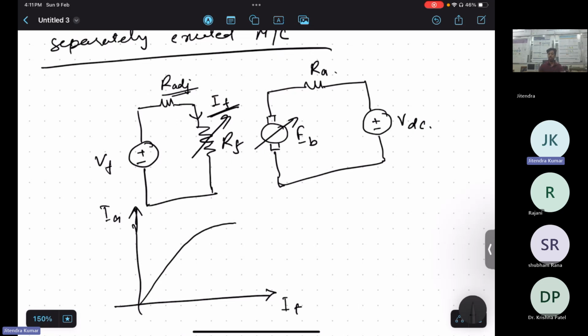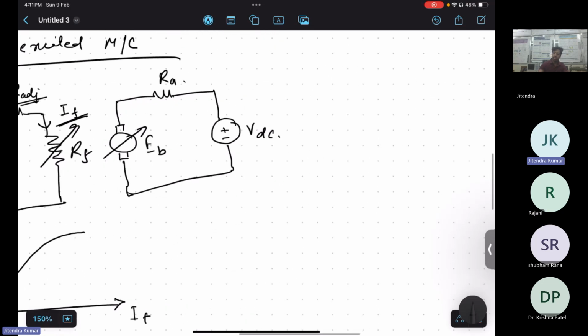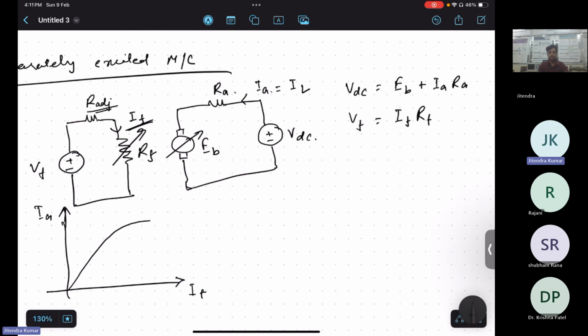So this is how the separately excited machine looks. Now, if you solve the KVL, VDC will be equal to EB plus IA into RA. This current is equal to the line current, and that is equal to the armature current. And VF is nothing but IF into RF. Any doubt about this?